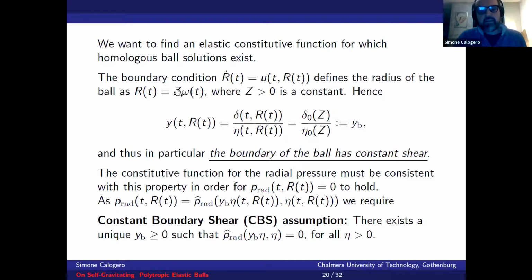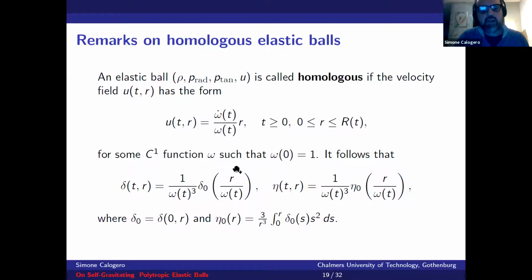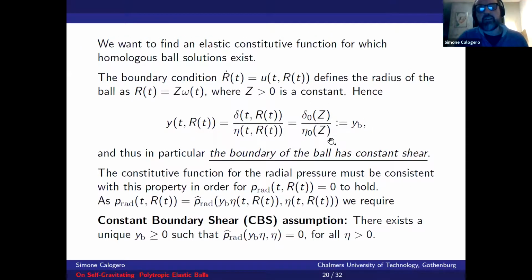Okay, and then if we evaluate this shear variable y on the boundary, so at r equal to r(t), this is delta over eta evaluated at r(t), and because delta and eta have this particular form, and the radius is a constant times omega t, then what you get is something constant. So that's not dependent on t. The only elastic constitutive function which may give rise to these homologous balls must have constant shear on the boundary. So the boundary of the ball must have constant shear.